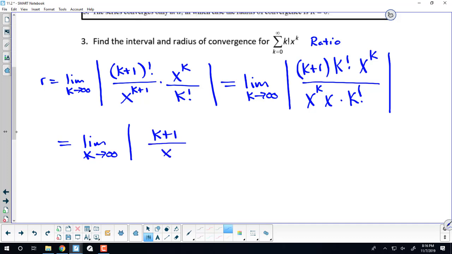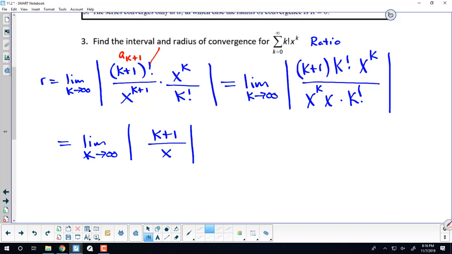Wait, question. How do we get k factorial times x to the first on this first step? On the bottom, how did it go from the k factorial to it being multiplication? Right, yeah, so this is a sub k plus 1, right?